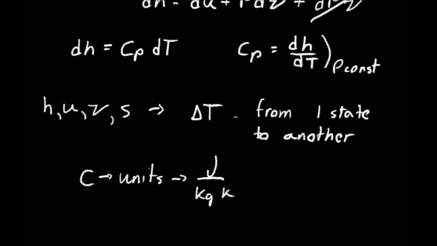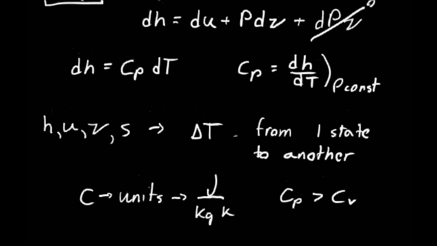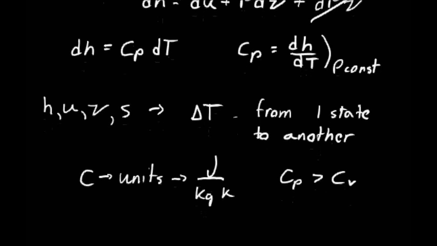And one last thing to state in this video, Cp is always greater than Cv, the specific heat at constant volume. Okay, and the reason that is, is because there's an additional PdV term, which is due to the boundary work of the system. Okay, so you're going to have more energy for the specific heat constant pressure because you can get that change in volume. So there's an additional energy term added to your system.